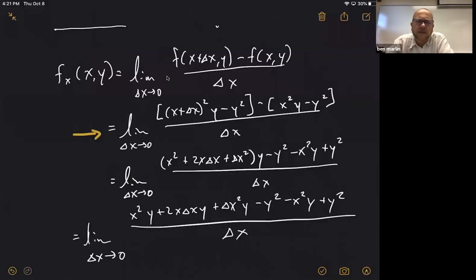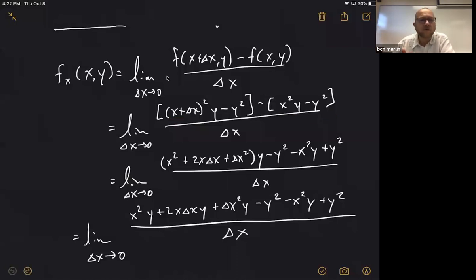So interpreting this, you have to say everywhere that there was an x, I have to replace it with x plus delta x. The y's just are y's. You don't do anything with them. Then in the other piece of it, you're just writing down what the actual function definition is. It doesn't have anything weird done to the x's.